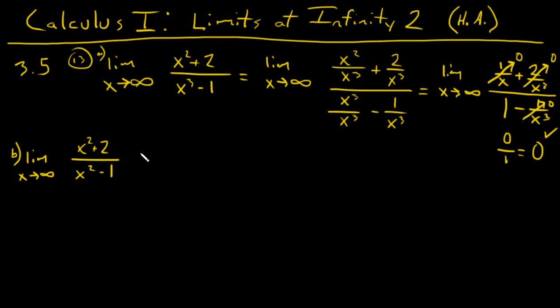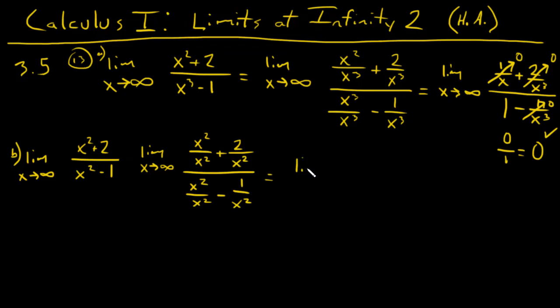That is going to simplify into, if I divide by the highest power of x, I'm going to divide everything by x squared now because it's the highest power. So I get x squared over x squared plus 2 over x squared, over x squared over x squared minus 1 over x squared.